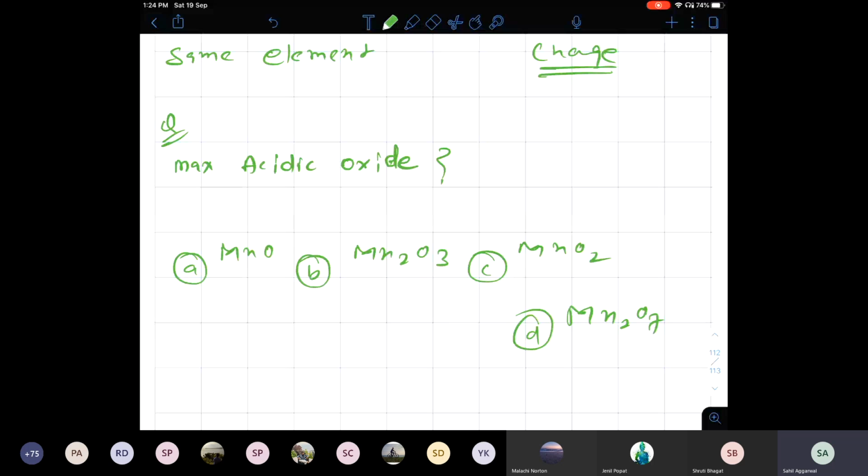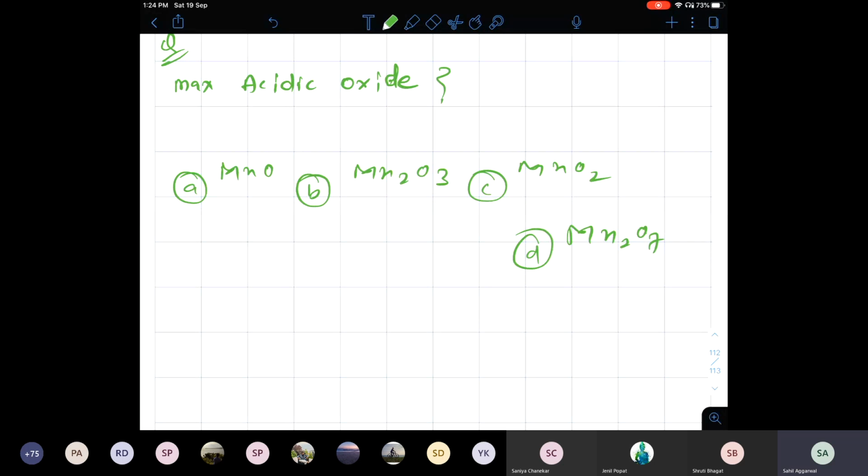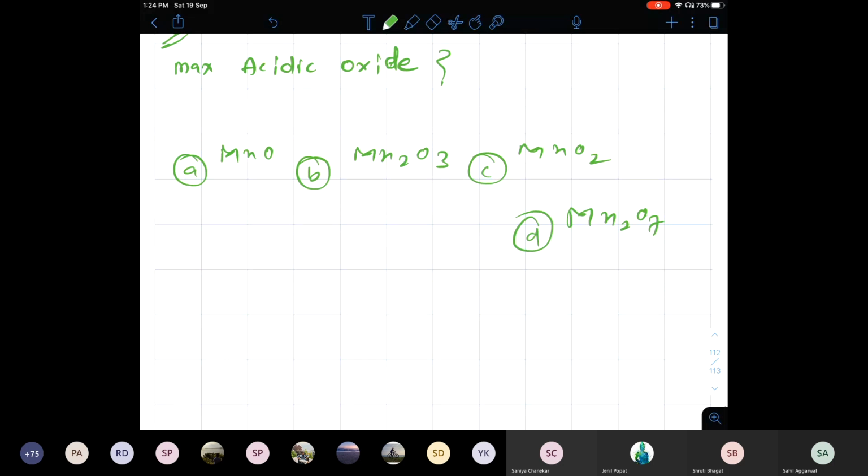Sanika, we are looking for acidity. Yes, we are looking for acidity. So D, obviously. Sanika, Yash, Madhura, sir, D. Acidity is inversely proportional to size, as Aradhya said.